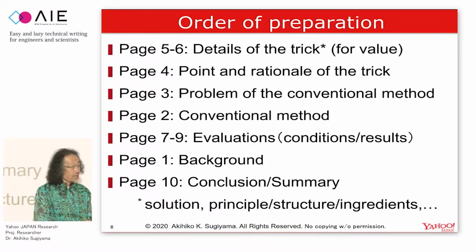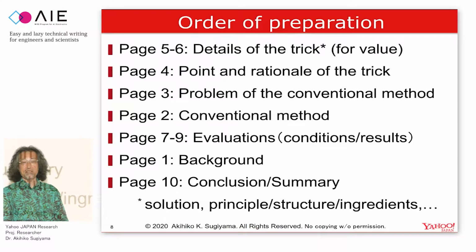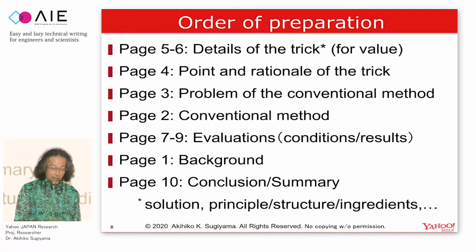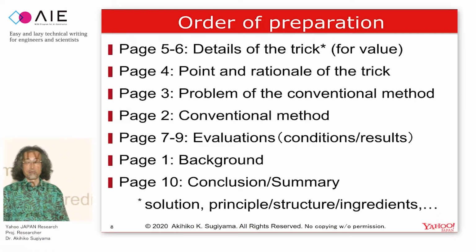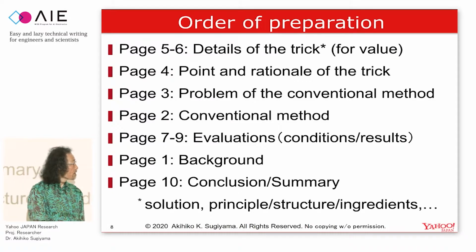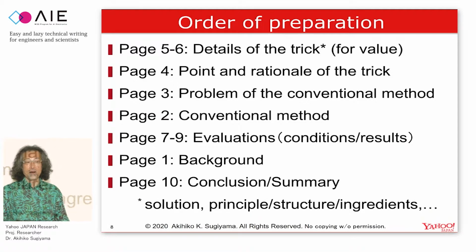Page 3 comes up next: the problem of the conventional method. Because there is a problem which you are going to solve, you will write a paper or make a presentation. So that comes up on page 3. And then you will move on to page 2, where you will describe the conventional method. What is the conventional method? Why is it good?